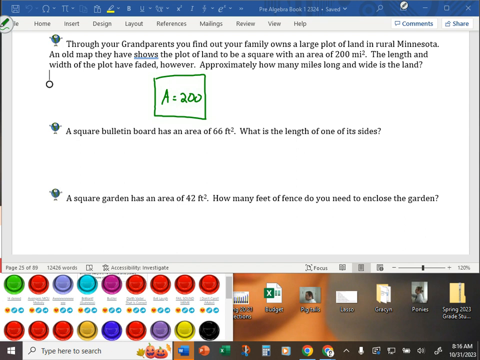So if the area is 200, we talked about the reason why it's called a square root. Taking the square root of the area of a square gives you the side length of the square, right? And when we first introduced it, we did the root of 25, which was easy because 25 is the perfect square. Then we went to 34, we were stumped, and then we launched into how to estimate these.